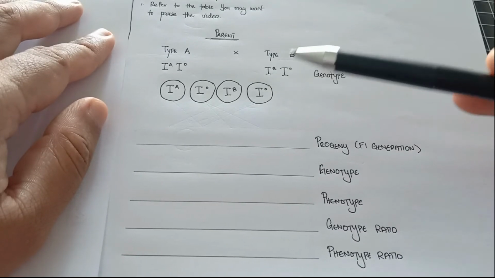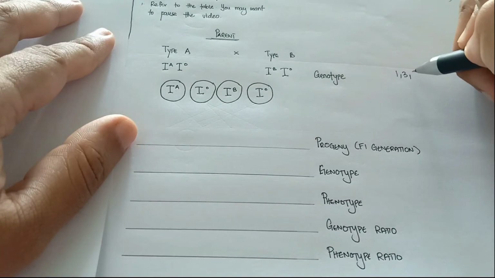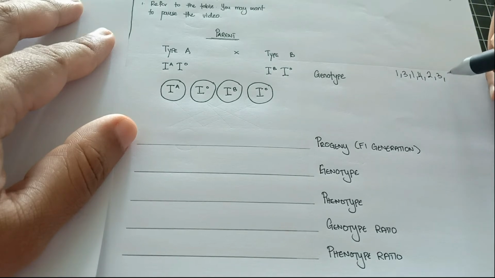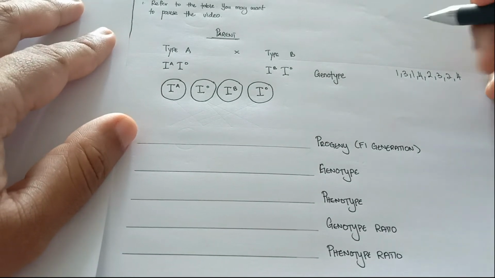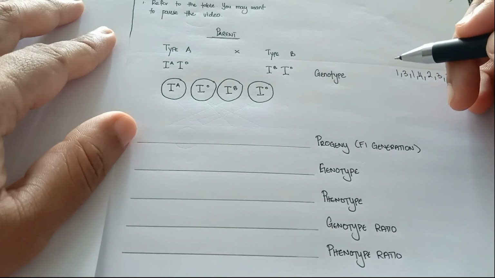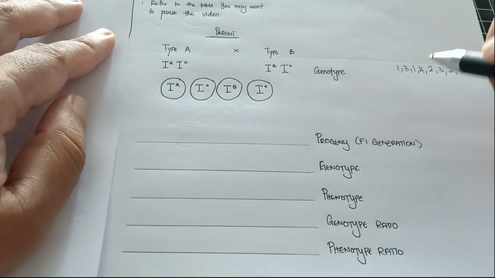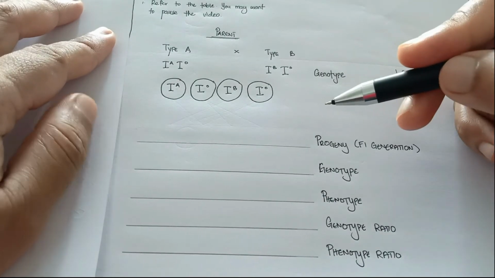Now in this I will use the 1 3, 1 4, 2 3, 2 4 method. In short I'll call this the 1314 method. If you hear me talking about this 1314 method, that means this is the way that I'm going to use to cross the genotypes.